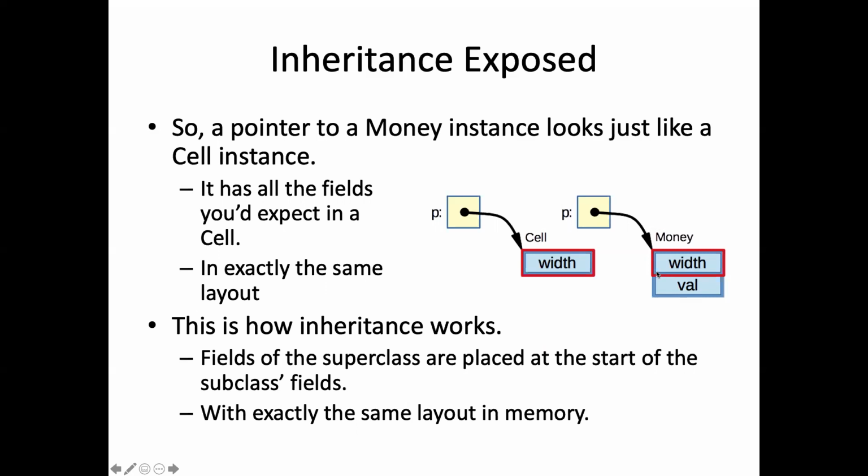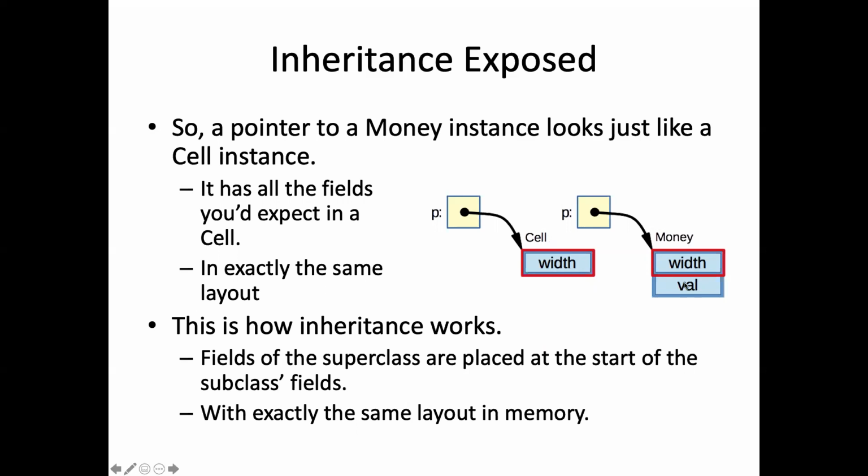You'd see an integer width value. So if you were looking at either the superclass or the subclass, you could treat them both as an instance of the superclass because in memory, they both look like a cell. They both have a width field right there at the start of the struct in memory.